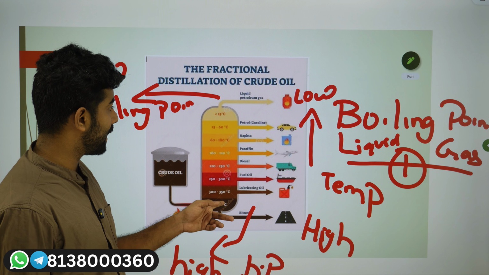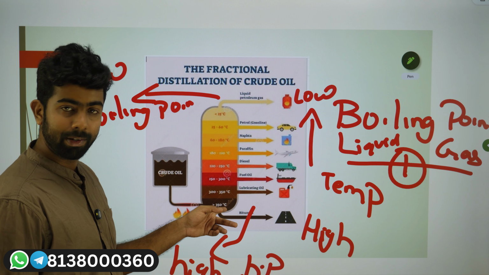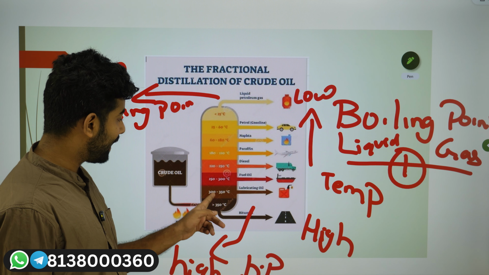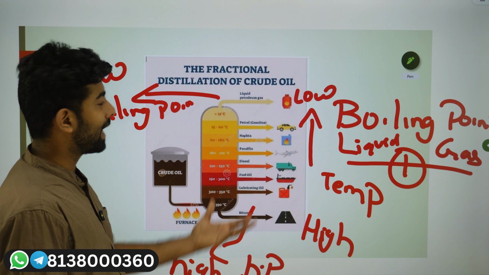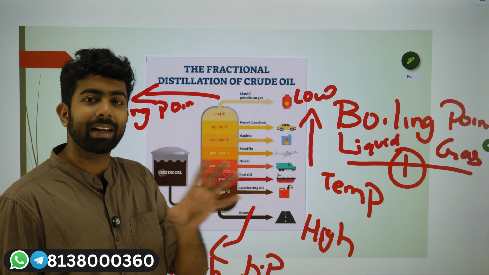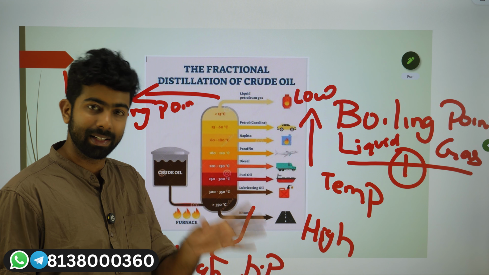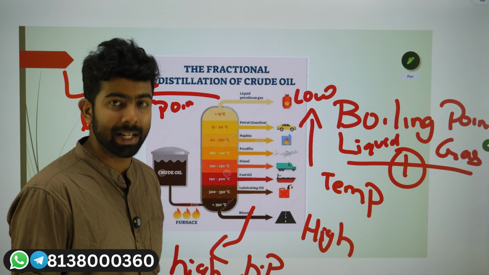At these temperatures, you can see 350 degrees Celsius here. Take the case of LPG. When we say the boiling point, it's not a fixed temperature, it would be a range of temperatures.